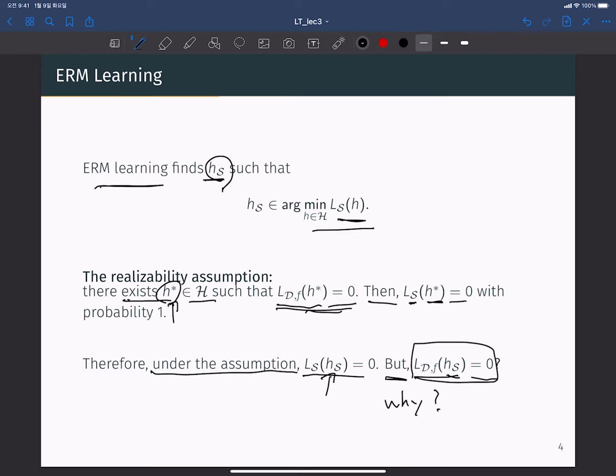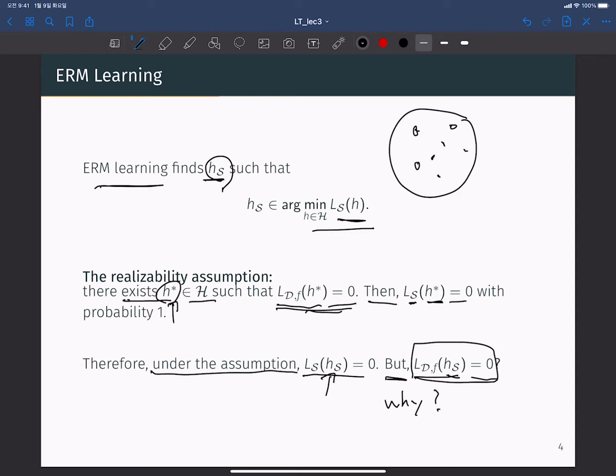Why? Because there are multiple different hypotheses in your hypothesis set that make the sample error equal to 0, the empirical error equal to 0. Which means there could be many different hypotheses that make your sample error equal to 0.